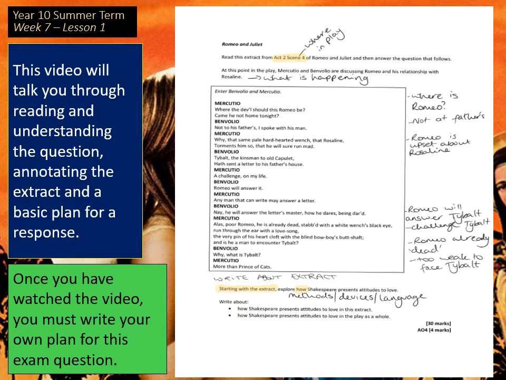And the focus of the question is attitudes to love. So what methods, devices, and language is Shakespeare using to present attitudes to love? Attitudes to love is the focus of your response. As I said, you must talk about attitudes to love in the extract, but you also need to think about how Shakespeare presents attitudes to love in the play as a whole.